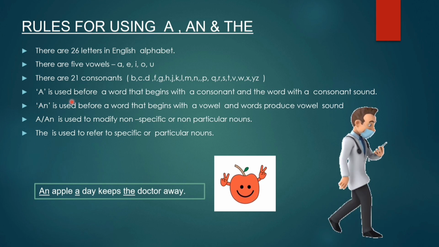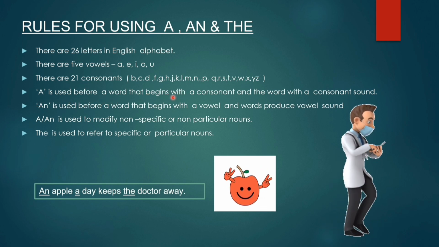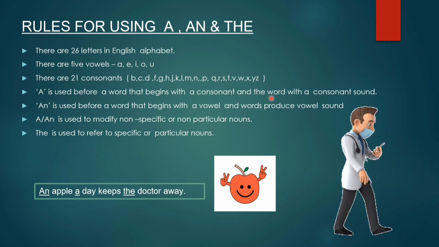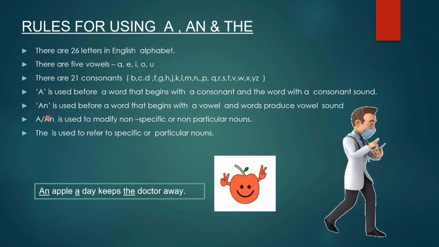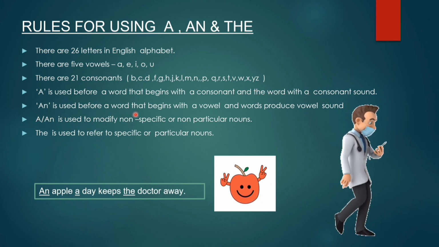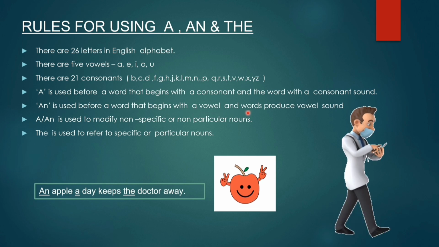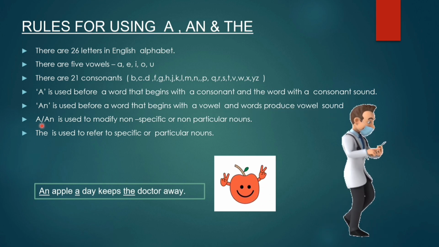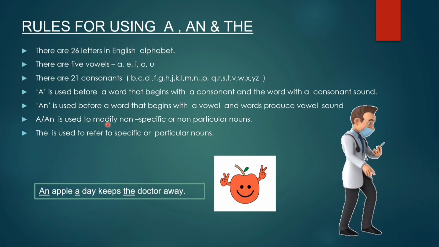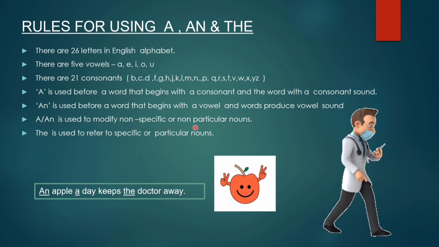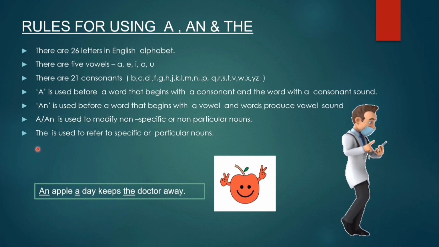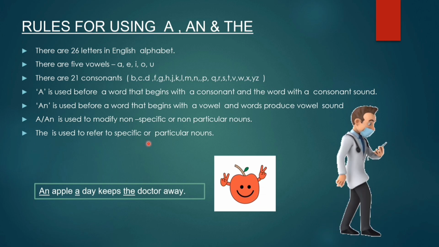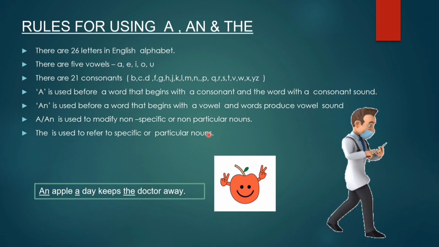A is used before a word that begins with a consonant and a consonant sound. An is used before a word that begins with a vowel and produces a vowel sound. A and an are used to modify non-specific or non-particular nouns. The is used to refer to a specific or particular noun.